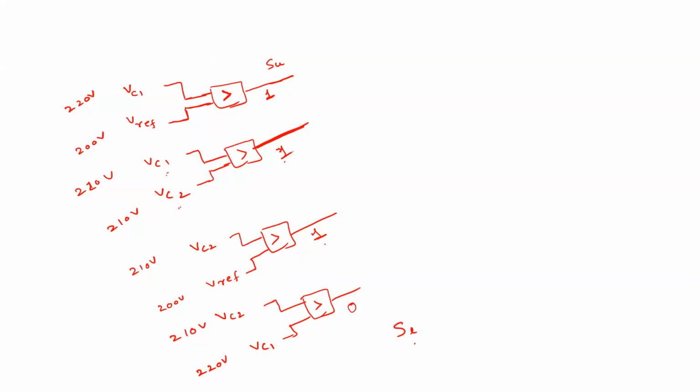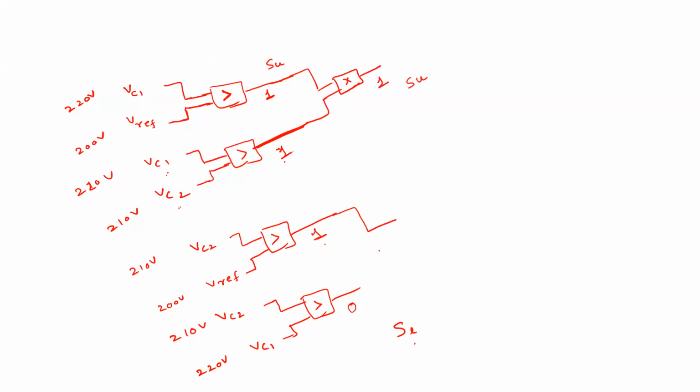From our theory, you're supposed to turn on the SU. So what we have to do is multiply these two. If we multiply these two, what will you get here? 1. So that means you need to turn on SU.